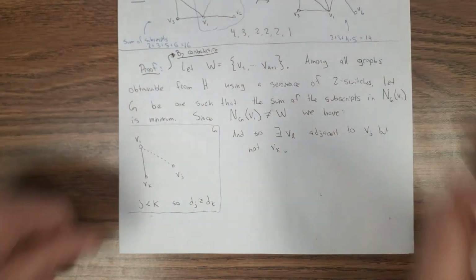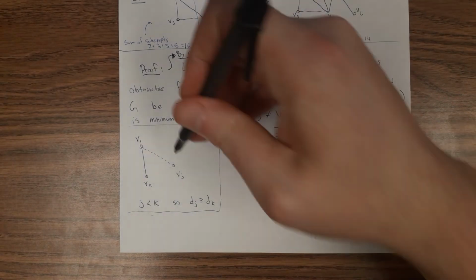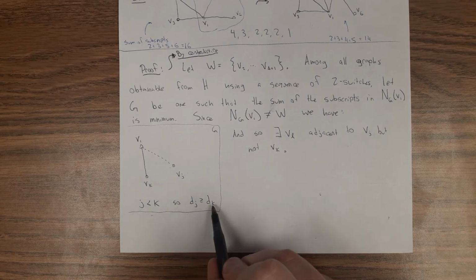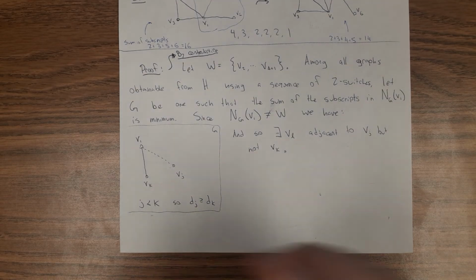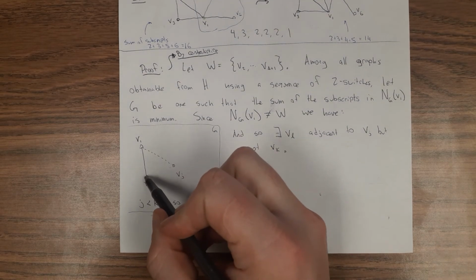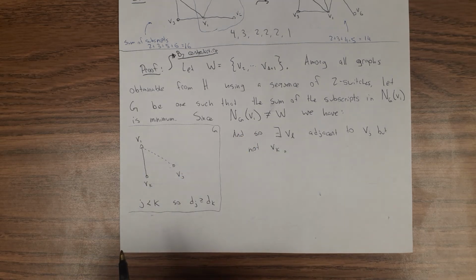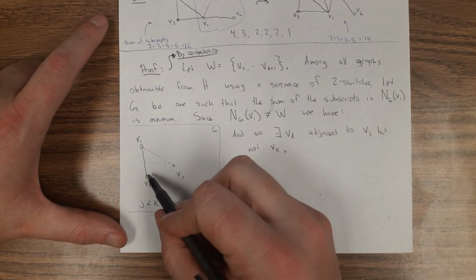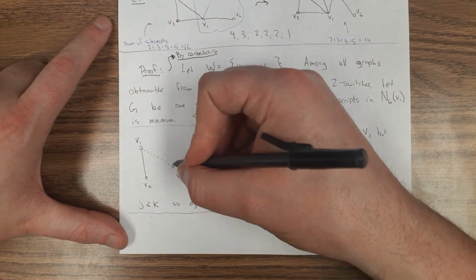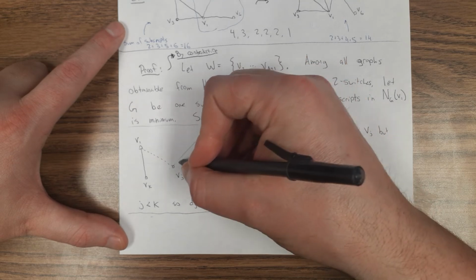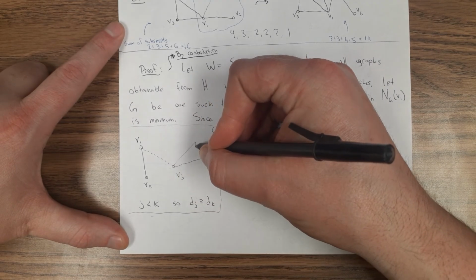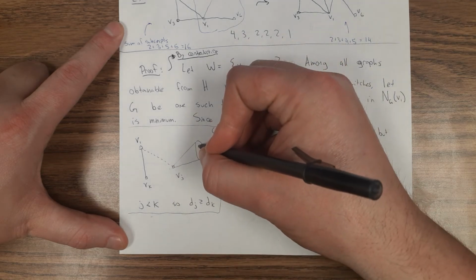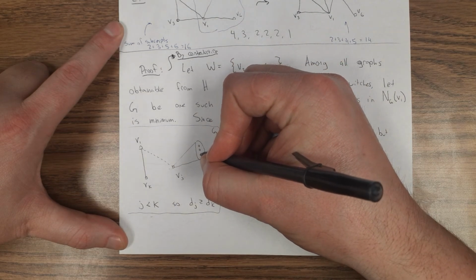One more time. VJ has at least as many neighbors as VK, because DJ is greater than or equal to DK. Also, we already know what one of the neighbors of VK is. So when I draw something that looks like this, I'm drawing the neighborhood of VJ.